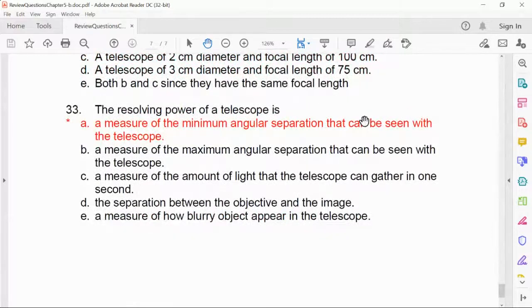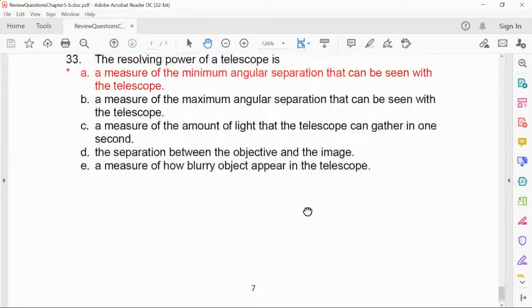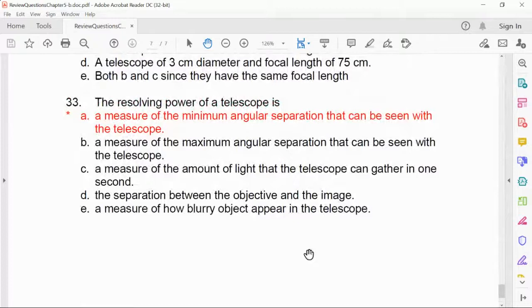33, the resolving power of a telescope is a measure of the minimum angular separation that can be seen with a telescope. That's what resolving power is. Now, the idea of these review questions is for you to understand why this is the right answer.